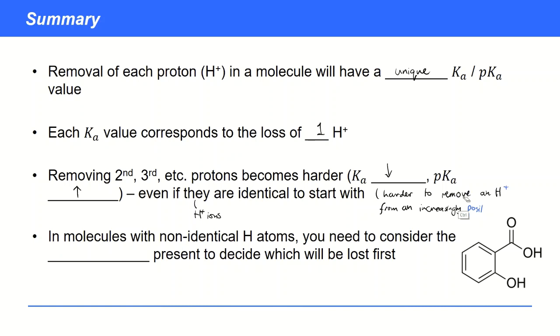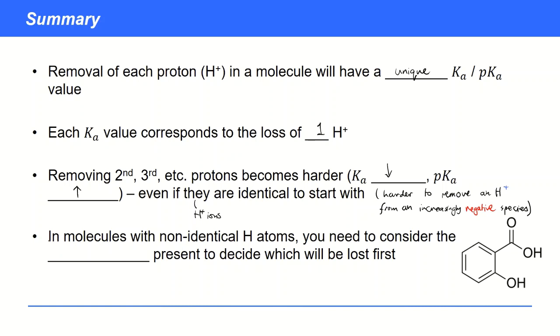Sorry, an increasingly negative species. Please forgive me. So as the conjugate bases gain a more negative charge, it's harder and harder to remove that positive H.